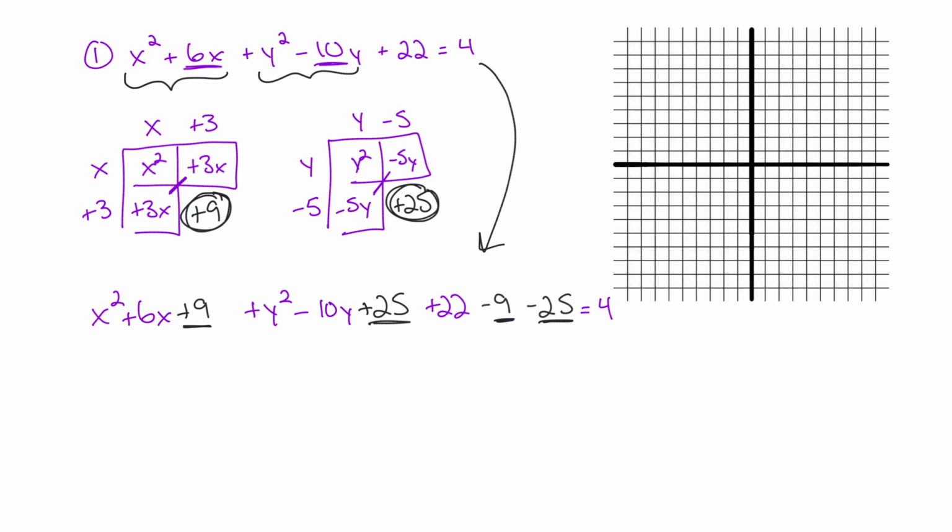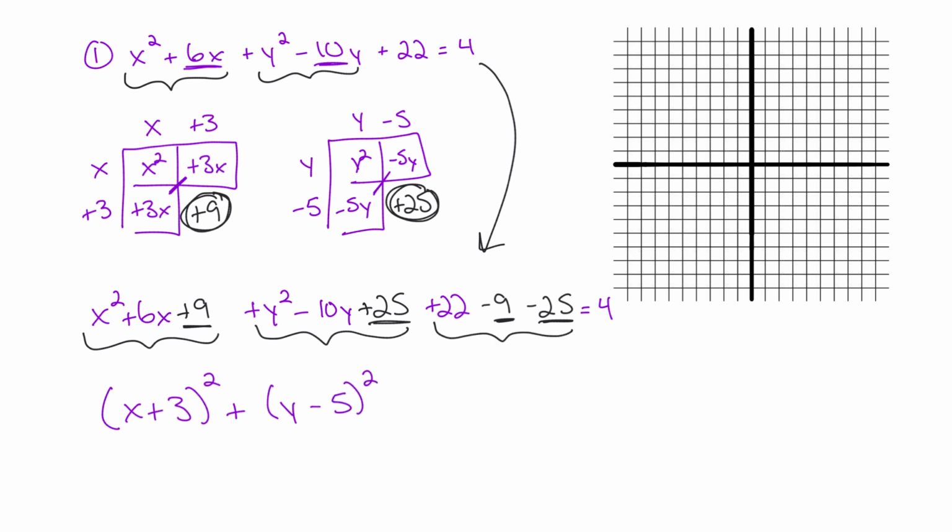But I am going to use these three components and get an x plus 3 quantity squared. And I'm going to use these three components, and that's going to give me plus y minus 5 quantity squared. And then lastly, all three of these components will combine together to give me negative 12 is equal to 4.